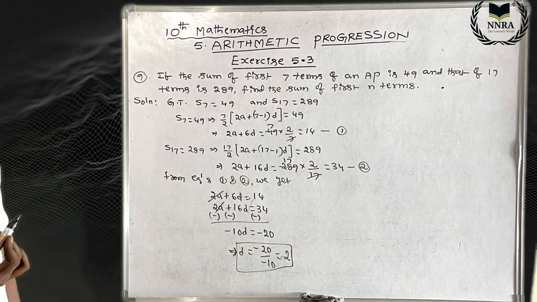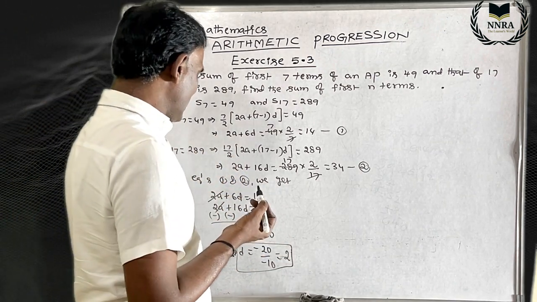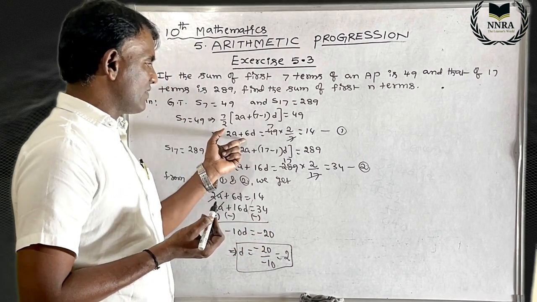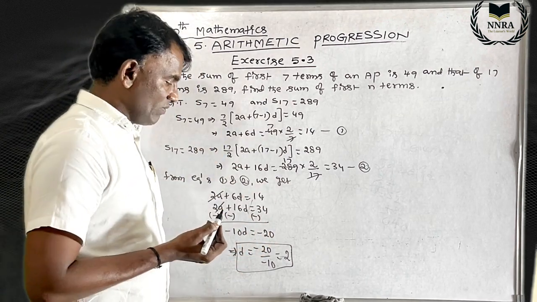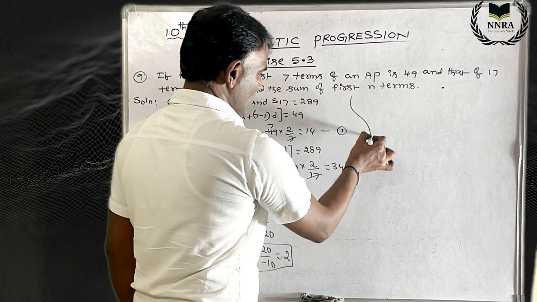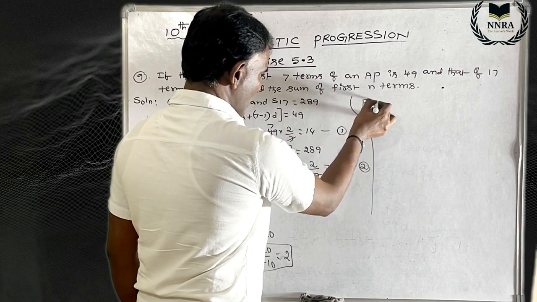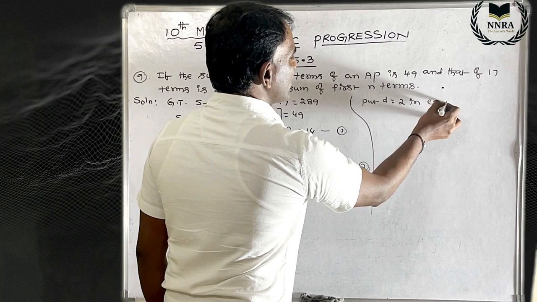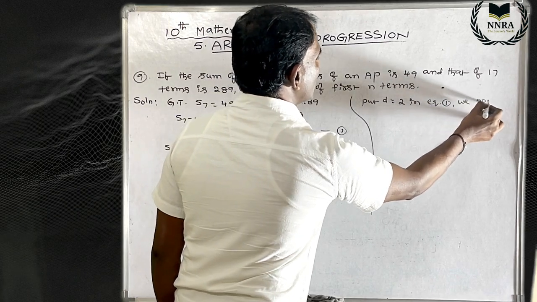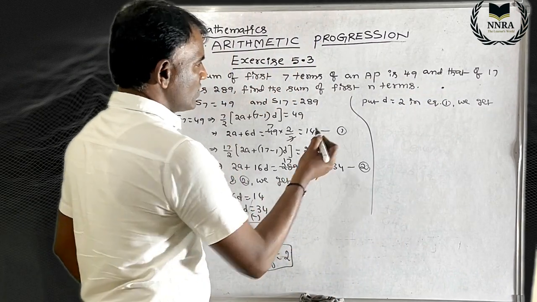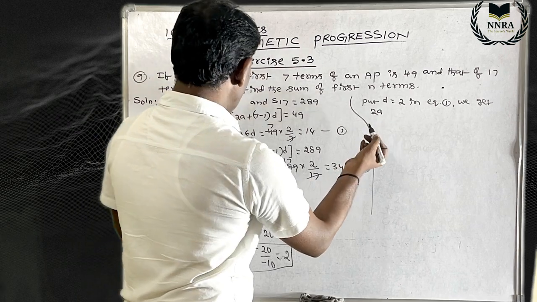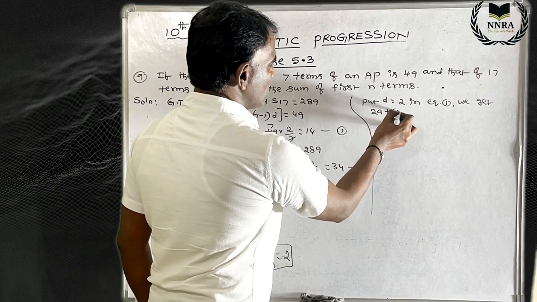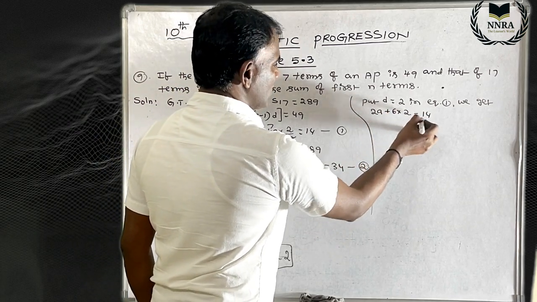And now we find the a value. So how to find the a value? Just substitute the d value either in equation 1 or in equation 2. But I am taking the first equation only. So put d equal to 2 in equation 1, we get 2a plus 6d, so 6 into 2 equal to 14.